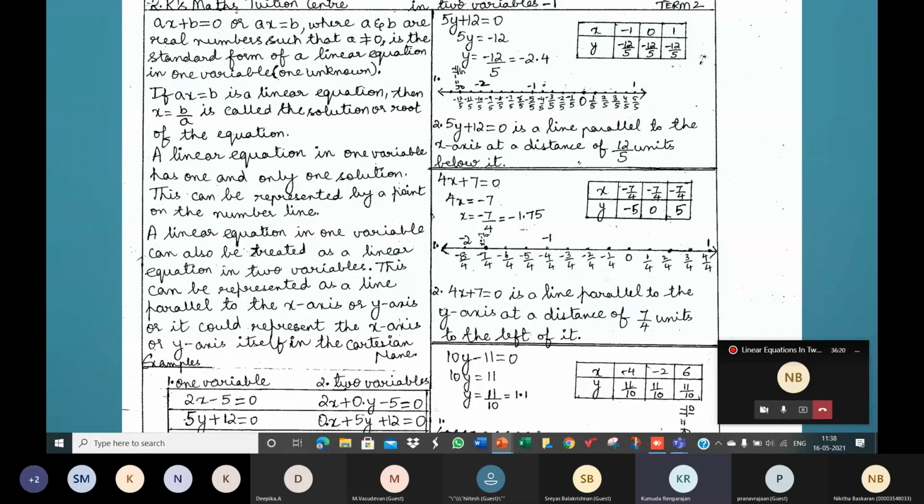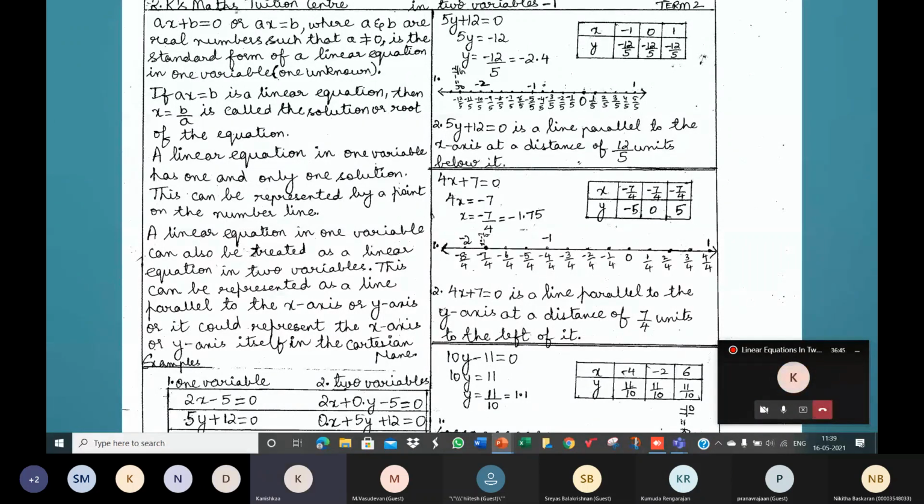It is 1. Since there's only one variable x here and x is only in one place, the highest power is also 1. So since the highest power is 1, the degree of this polynomial is 1, and hence it's called a linear polynomial.